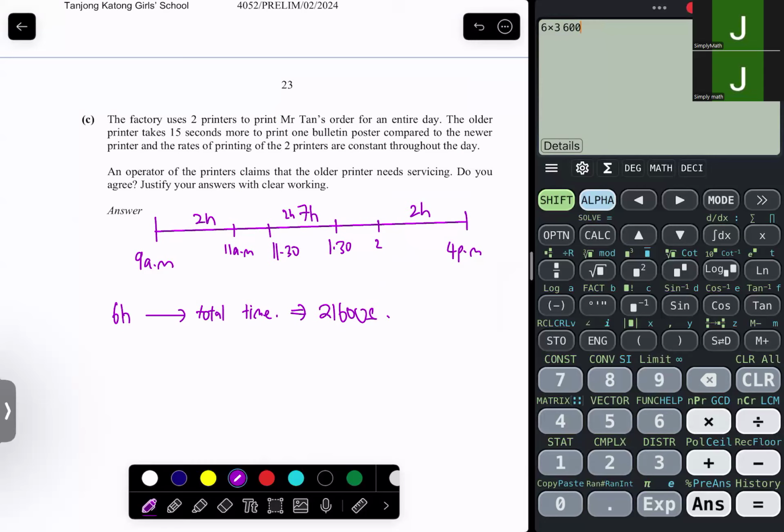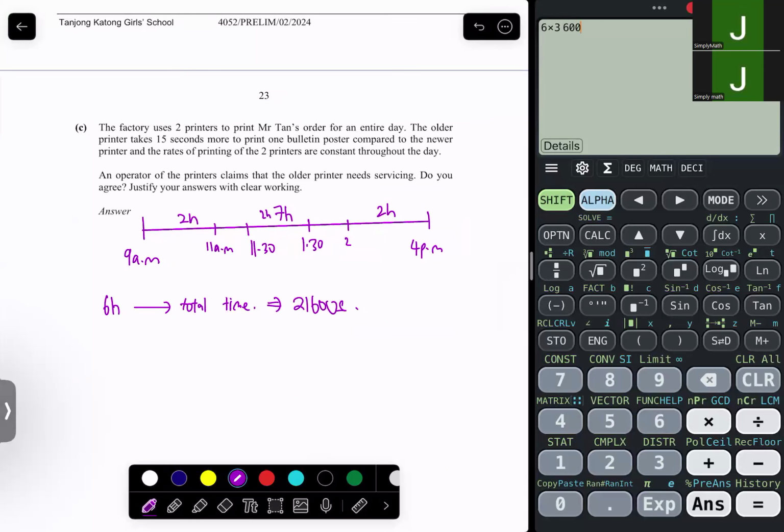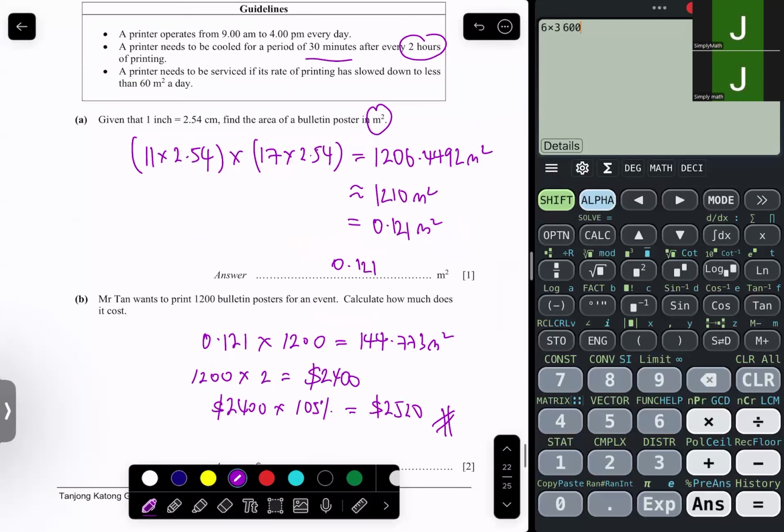Hmm, okay, how am I going to do this? Okay, did I miss out any information?